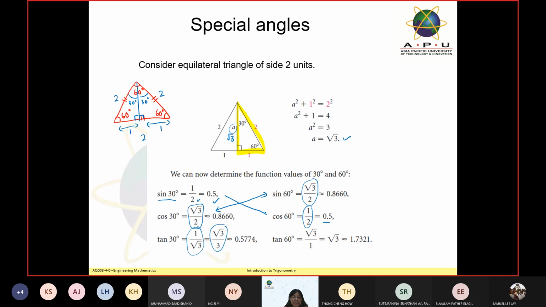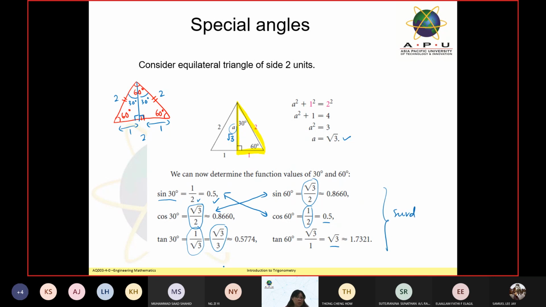Sine 30 is half, and cos 60 is also half. Both equal half. Then for tangent 60, it will be square root of 3 over 1, that means square root of 3. So this is how we express the sine, cosine, tangent for 30 and 60 degrees in surd form.